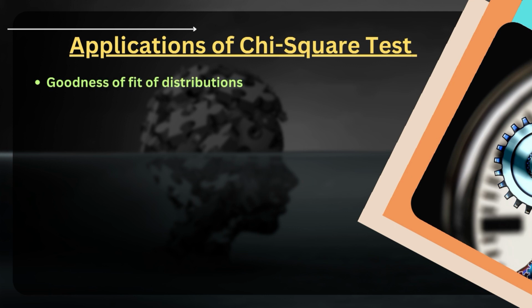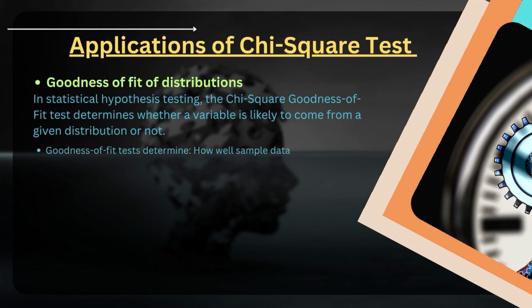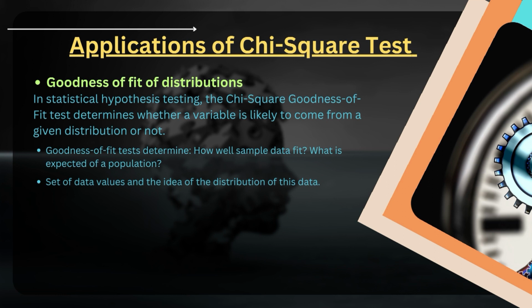In statistical hypothesis testing, the chi-square goodness of fit test determines whether a variable is likely to come from a given distribution or not. In other words, goodness of fit test determines how well sample data fit what is expected of a population. So, we must have a set of data values and the idea of distribution of this data.